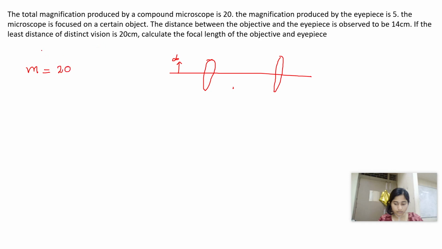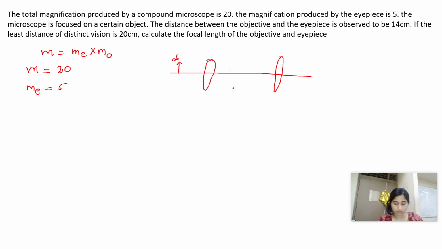For a compound microscope, magnification will be magnification of eyepiece times magnification of objective. The magnification of the eyepiece, Me, is 5.